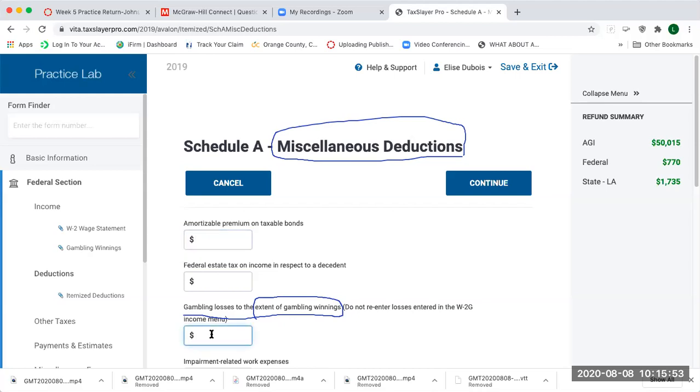So the losses are 1,160, but the winnings, if you recall, if you look at the tax return problem, the winnings she had were 1,050 that we reported, which means that right here, we could only input 1,050.